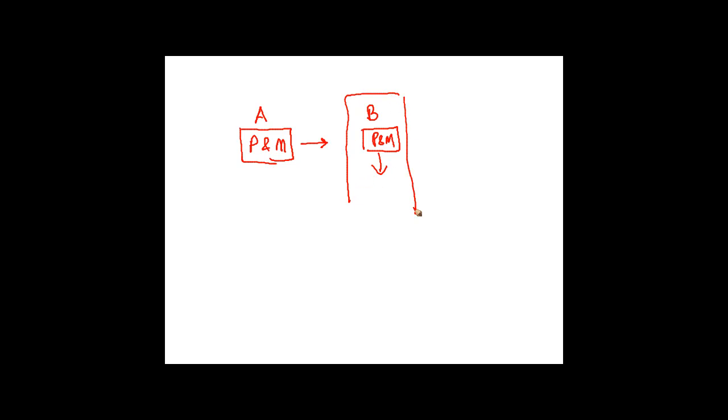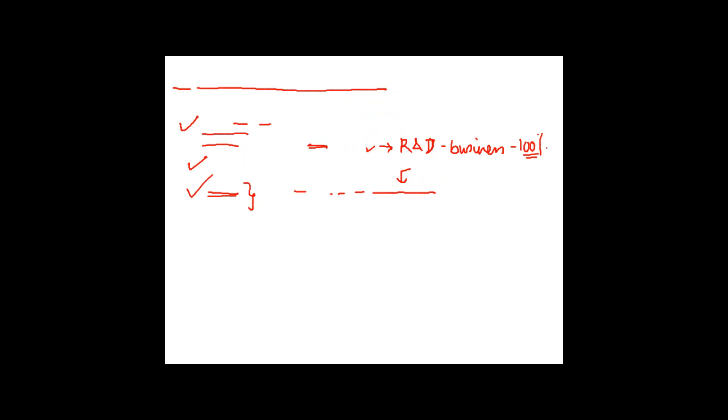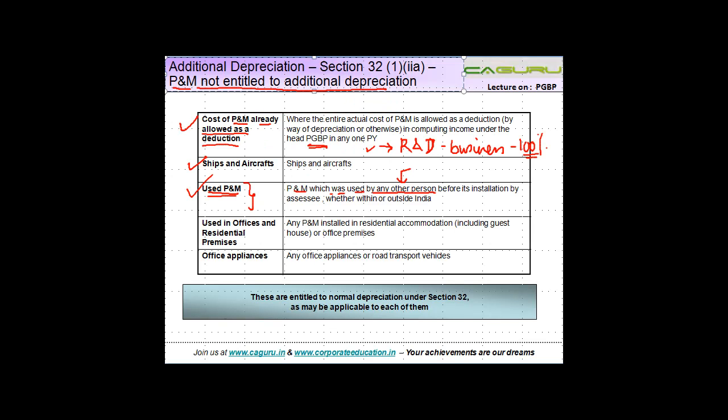Now if B says that this is new plant and machinery, I have acquired it during this year and I should get depreciation on this, that is not tenable. Additional depreciation is not allowed on any plant and machinery which was used by any other person for the purpose of his business and profession. So you don't get any additional depreciation on such plant and machinery which was used by any other person before its installation by the assessee.